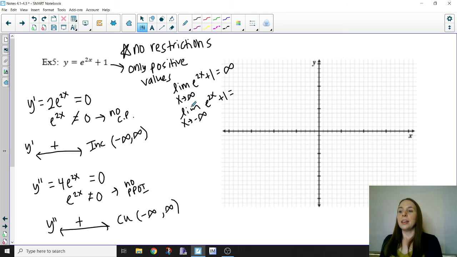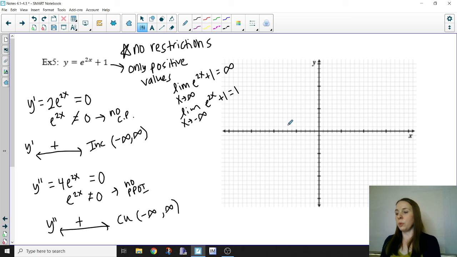Okay, but the limit as x approaches negative infinity, if I make x more and more negative, what is going to happen to this e to the 2x term is that it's not going to be ever exactly 0, but it's going to get closer and closer to 0. Think about it. It does become a very, very small number because your negative power has that reciprocal effect. You can say that this will get pretty close to 0, add 1 to something that's pretty close to 0, and you end up with a limit that is equal to 1.